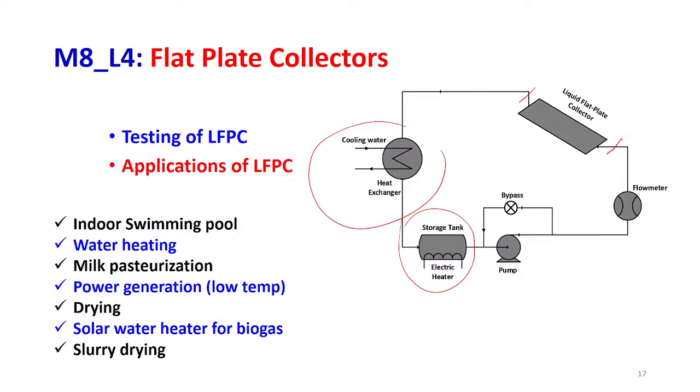Because we need to perform the experiments at different TFI, and we can fix the mass flow rate, but we have to sense the values of TFI for different experiments. Okay, so that's how we do the characterization of a flat plate collector.